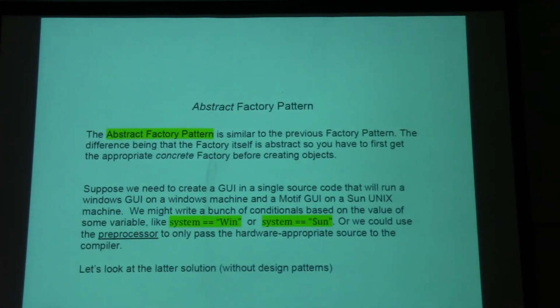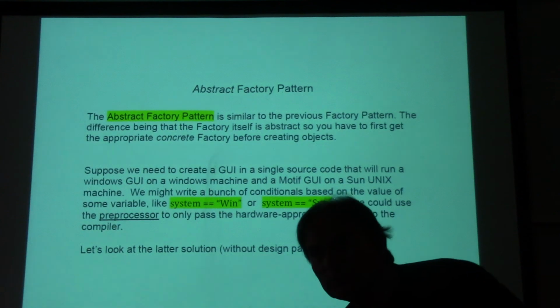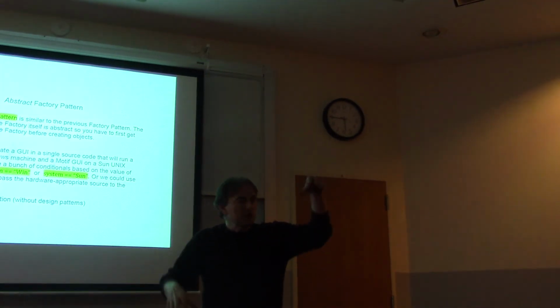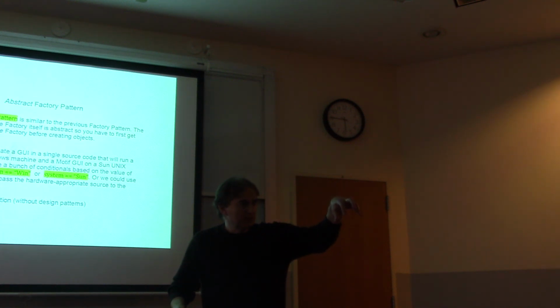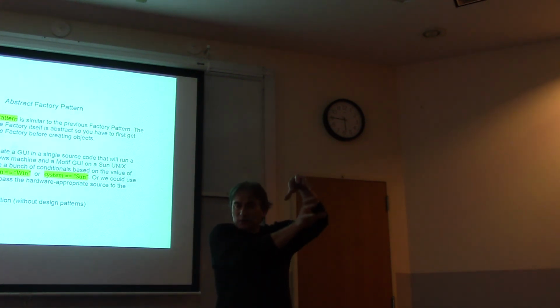So an abstract factory is similar to the factory pattern. The big difference is the factory itself is an abstraction. So you have to first get the appropriate concrete factory before creating objects. So we have a level of abstraction. Here the pizzas were abstraction, and the specific pizzas were concrete, and then we had a specific concrete factory. Here we're going to have an abstract factory, and then we're going to have actual factories.